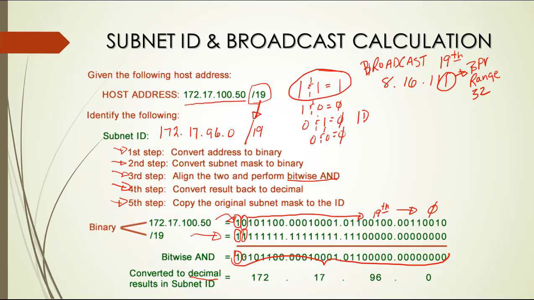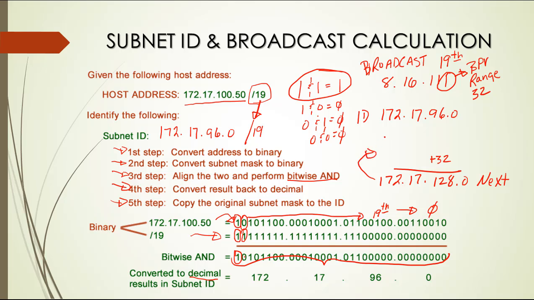So if we take our ID, which is where our network starts, 172.17.96.0, and add 32 to that, we get 172.17.128.0. That's actually our next network that's not in this range.